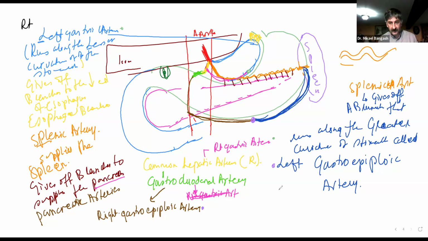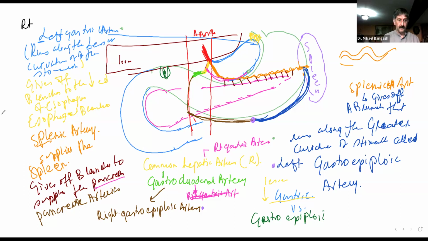If you look at the word gastric versus the term gastroepiploic, gastric is a smaller name, so it runs along the lesser curvature.